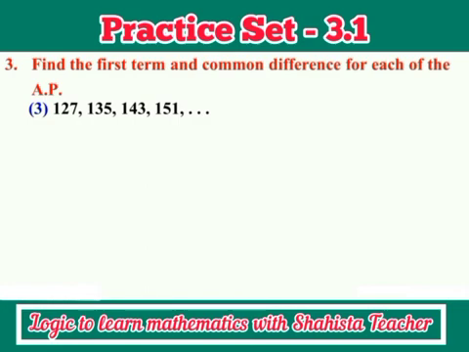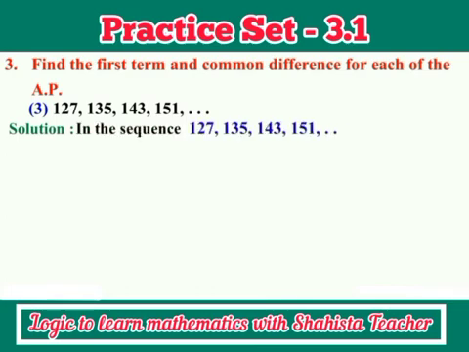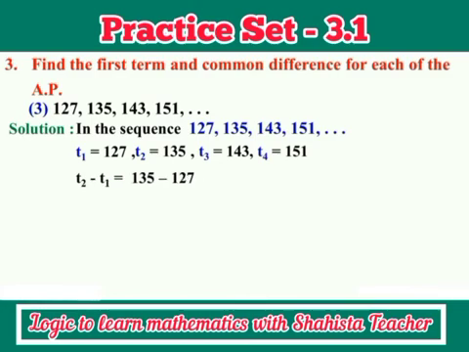127, 135, 143, 151. In the given sequence 127, 135, 143, 151, here T1 is equal to 127, T2 is equal to 135, T3 is equal to 143 and T4 is equal to 151. So T2 minus T1 is equal to 135 minus 127, that is equal to 8.